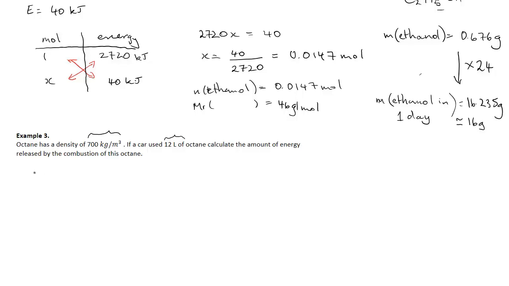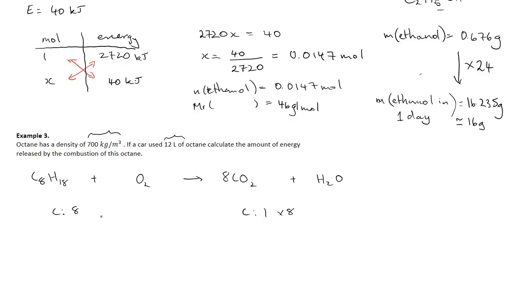So octane, remember, is C8H18. We want to start off with writing a thermochemical equation for it. So we're going to set it up. We have the number of carbons on this side is 8, the number of carbons on this side is only 1, so we need to times this by 8.